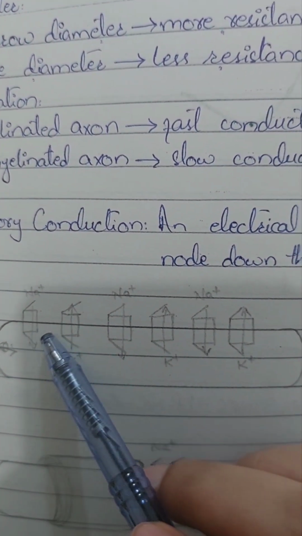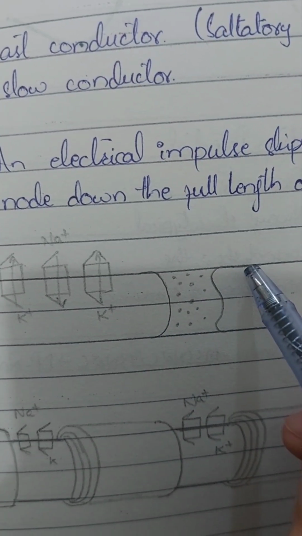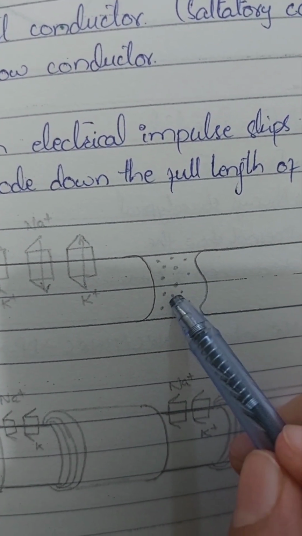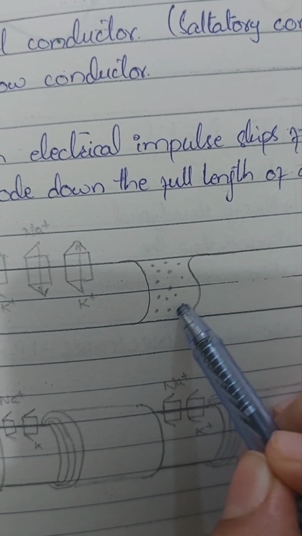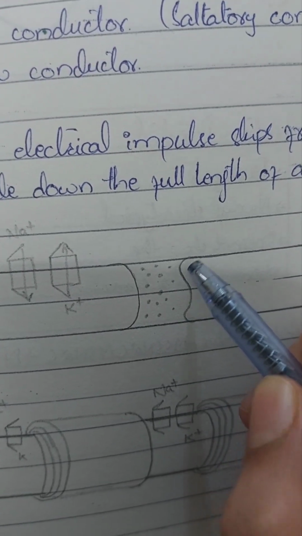When the action potential is generated, one axon communicates with another axon through chemical messengers. There are ligand-gated channels.